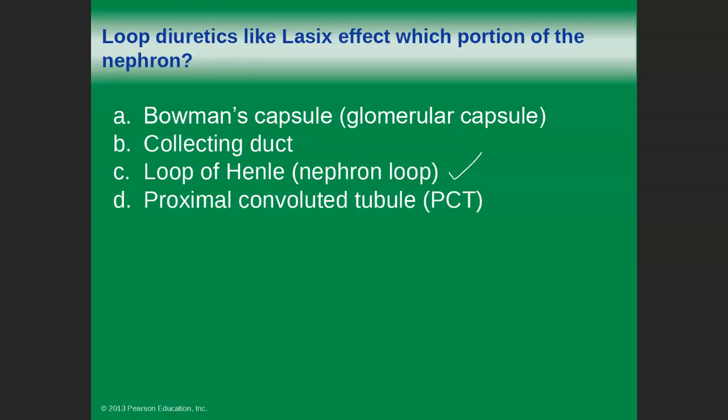That's the reason you have to give them potassium, because a lot of times they'll have low potassium levels because they're on Lasix. A lot of times you have to give them supplements of potassium. But they're loop diuretics, affecting the nephron loop.